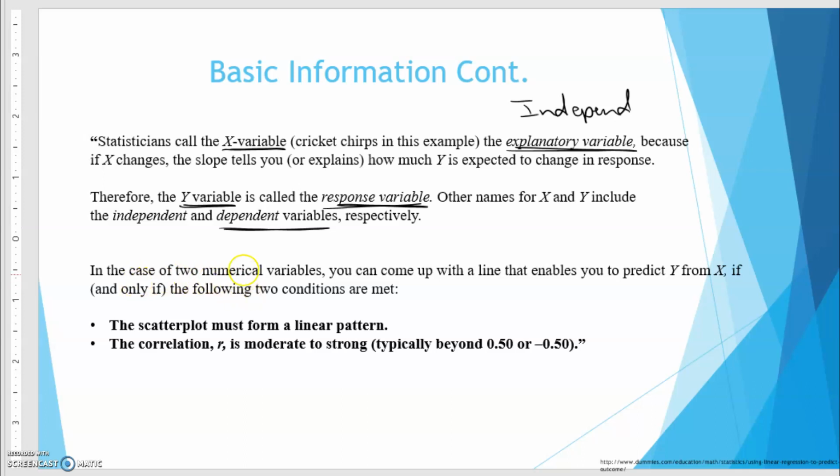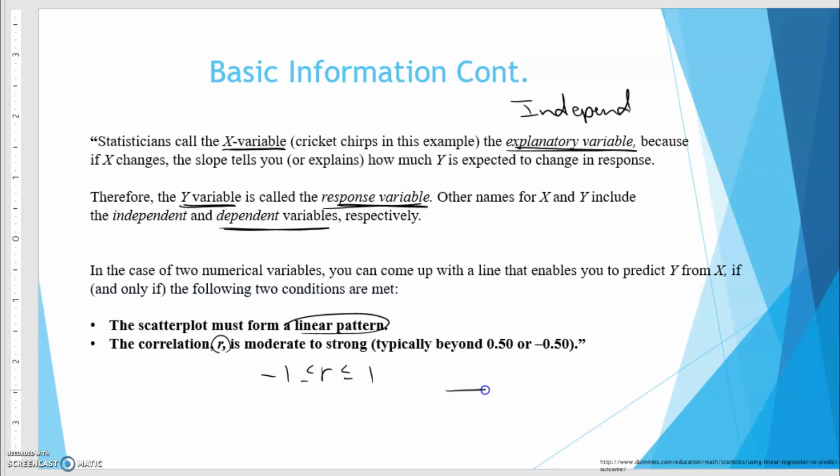In the case of two numerical variables, your x and your y, you can come up with a line that enables you to predict y from x if, and only if, the following two conditions are met. Number one, the scatter plot has got to look like a line. Number two, your correlation R is moderate to strong, or typically beyond 0.5 or negative 0.5. So remember, R can go between -1 and 1.